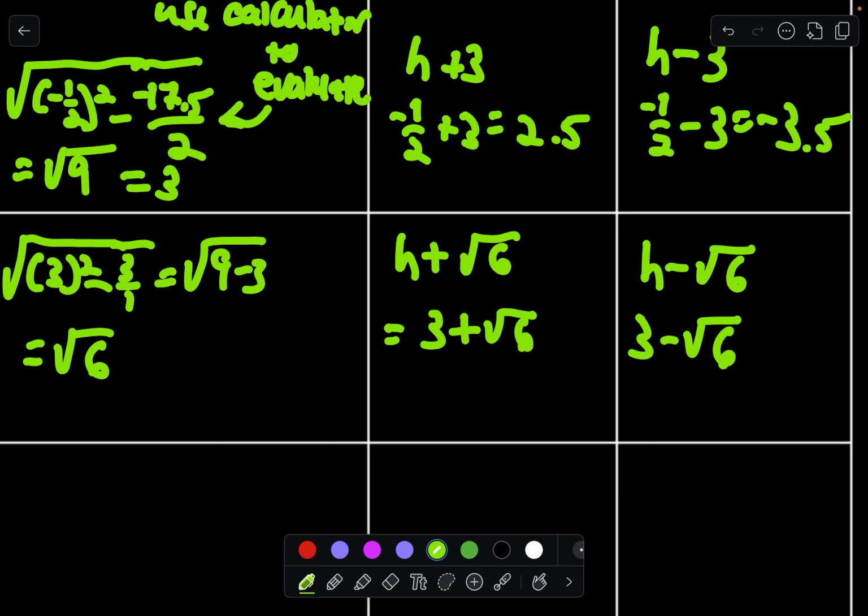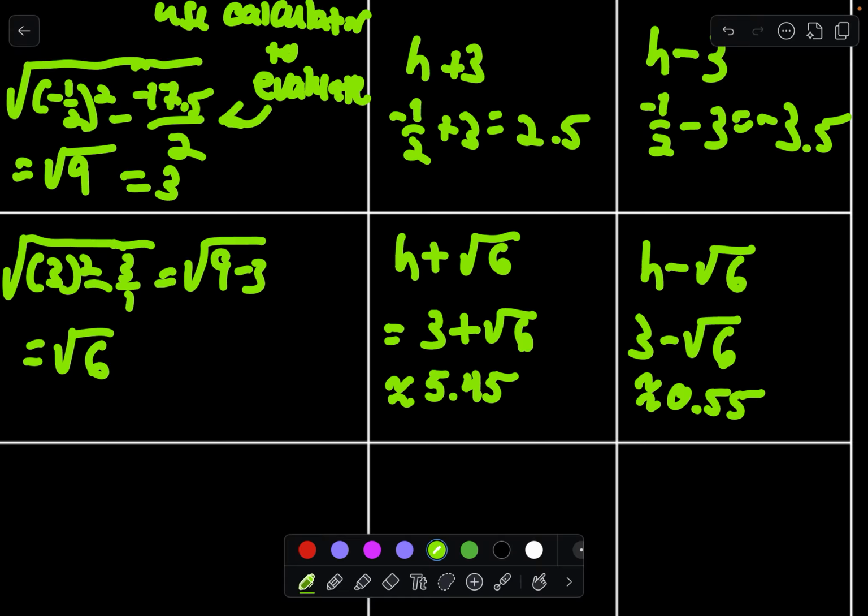So I'm just going to give them to you. 3 plus the square root of 6 is about 5.45. And then 3 minus the square root of 6 is about 0.55.